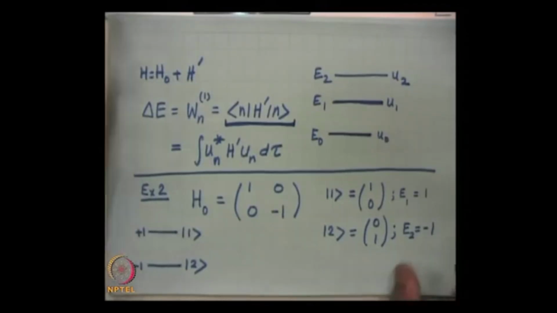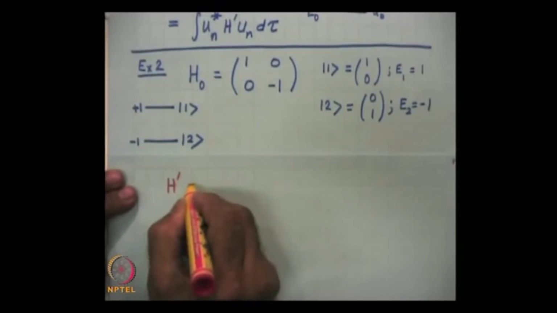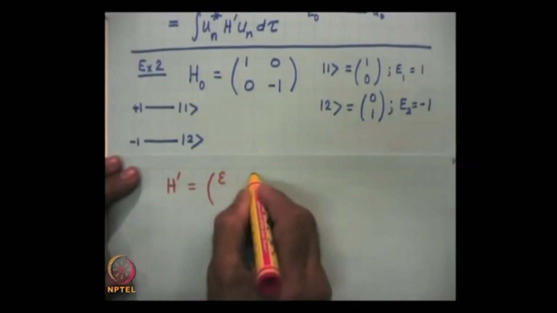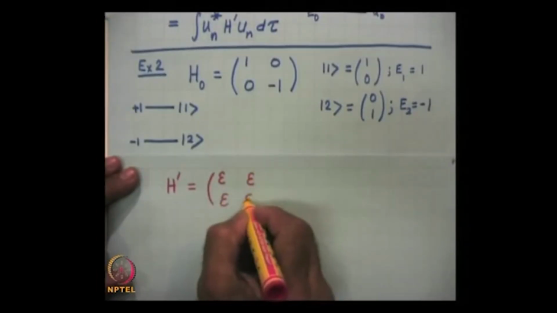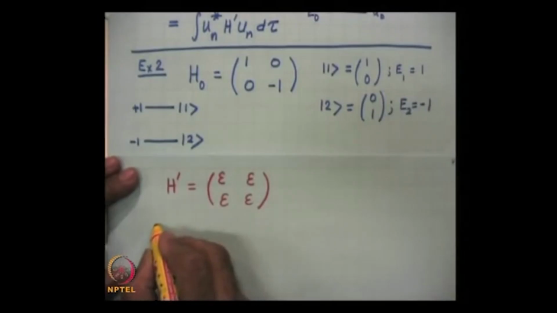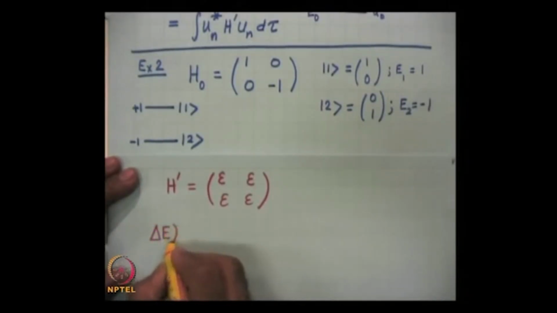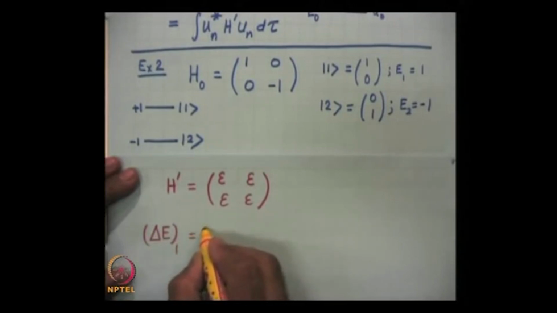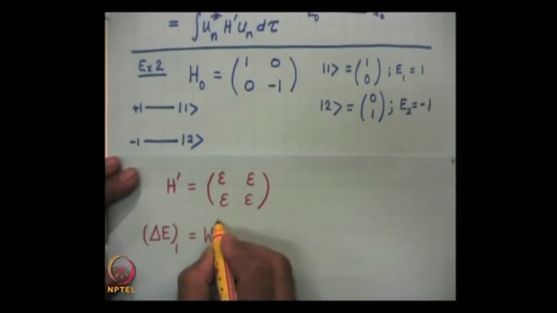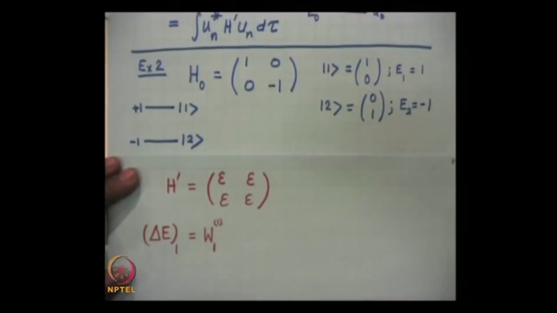Now, let us suppose there is a perturbation that I apply, and let that perturbation be denoted by h prime, and that is equal to a very simple matrix, epsilon epsilon epsilon epsilon. So, what is the perturbation to this? I can calculate delta E 1, which is the first order perturbation to the first state.